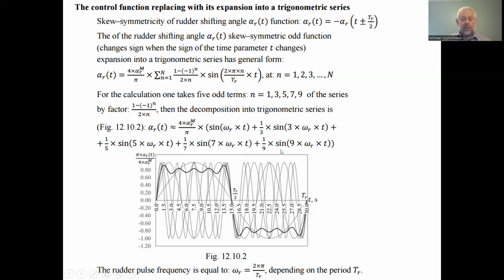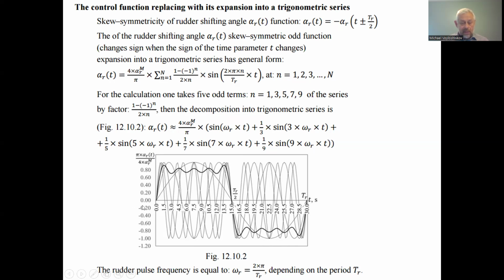So the expansion in the Fourier series means the approximation of the function within the considered period of the variation of the function, and repeated periodically this approximation for all the axes of the variable.